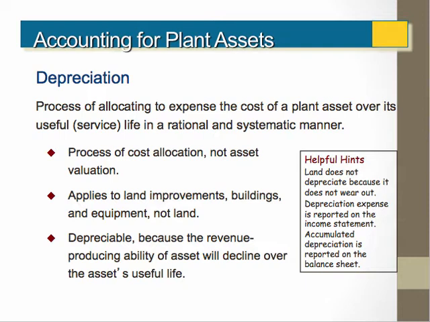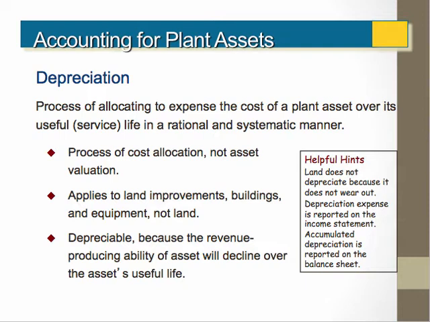Well, when they're talking there, they're talking about depreciation of value. Now, depreciation of value is an estimate, and therefore we cannot rely on depreciation of value when we look at an asset. As we said before, using the cost principle, we need to recognize our assets at what we paid for. So when we talk about depreciation of an asset from an accounting perspective, we are talking that we're allocating the cost of the asset over the life of the asset.